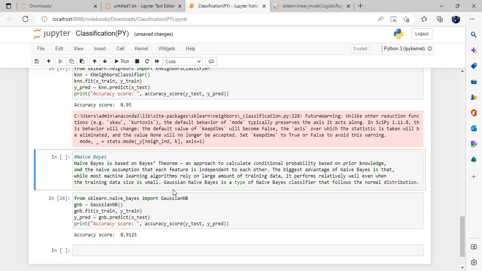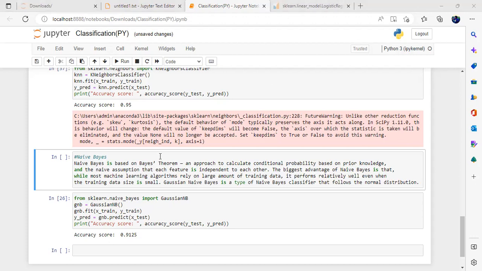So if your input data is small in size, you can go for naive Bayes.